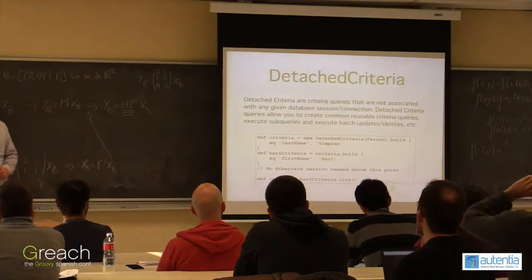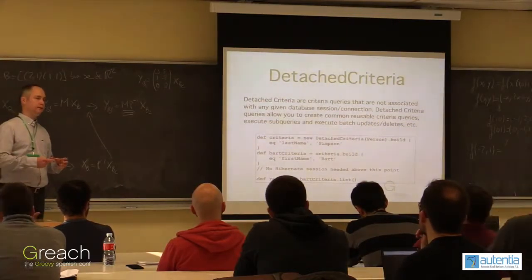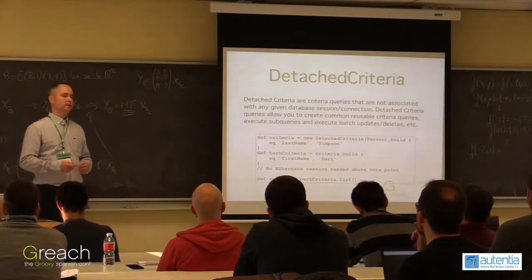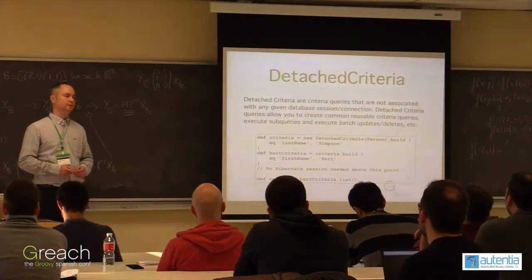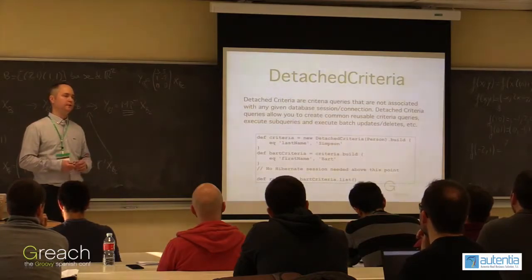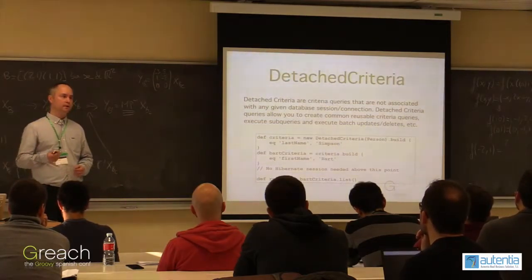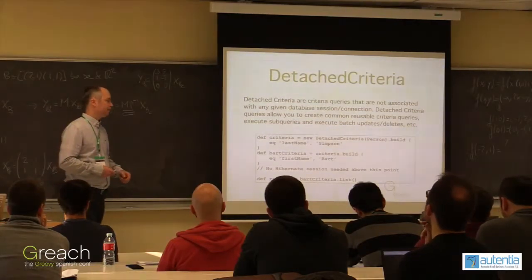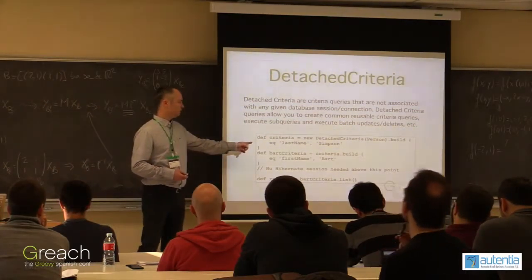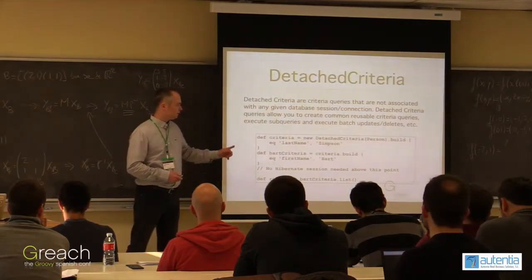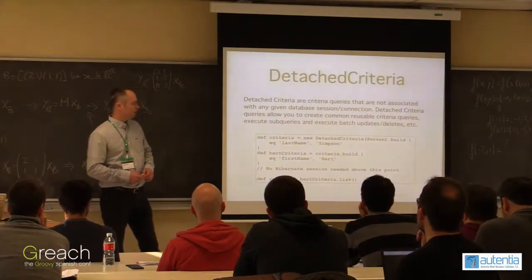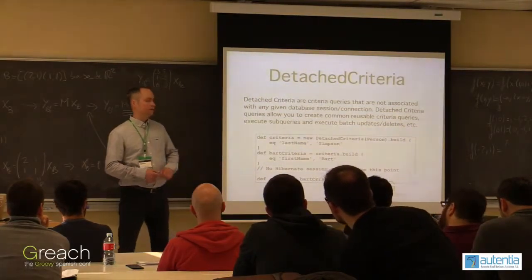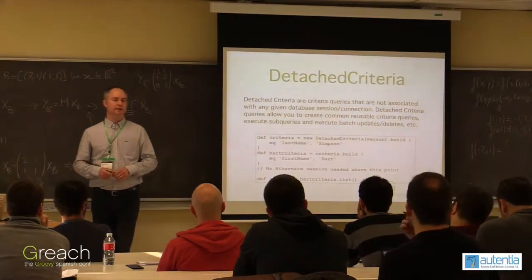And detached criteria is a normal criteria API, but you don't need a connection to the database or have any session when you create the criteria. So you create a criteria instance, and then you add query filters like last name equals something, and then you can send that criteria instance to another service.